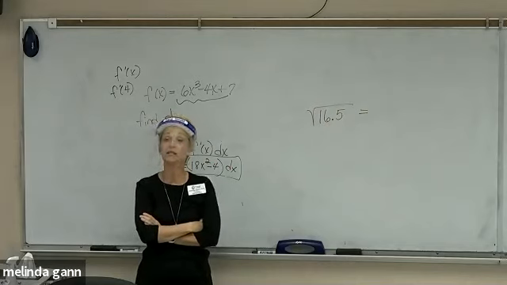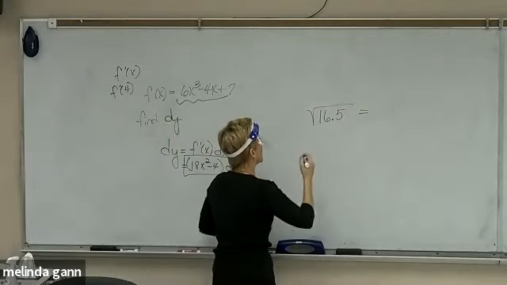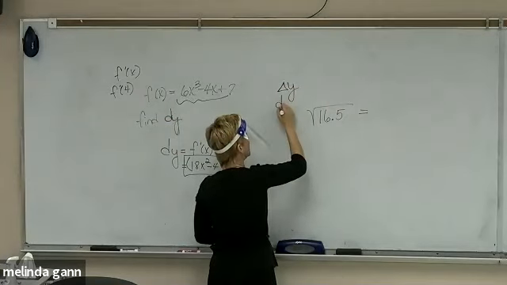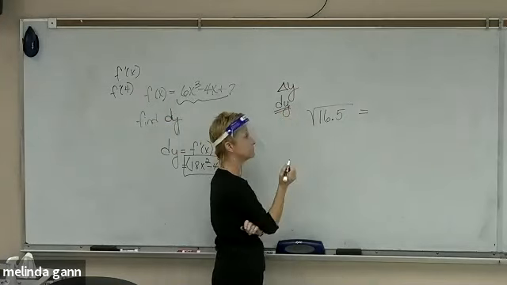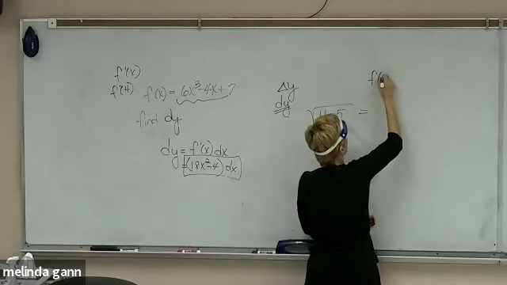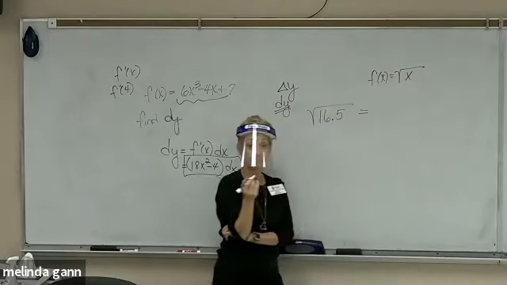My understanding is this is one of the very useful things it would do. I really want delta y, but I'm going to use dy. Now, what's my function going to be? My function is the square root of some number.